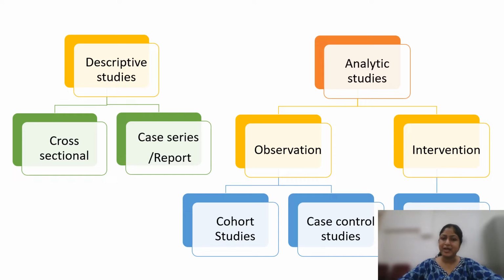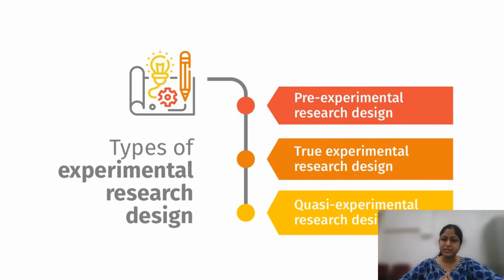Then we have analytic studies in which we do some kind of manipulation or intervention. These study designs are called experimental study designs. They are further classified as pre-experimental research designs, true experimental research designs, and quasi-experimental research designs.